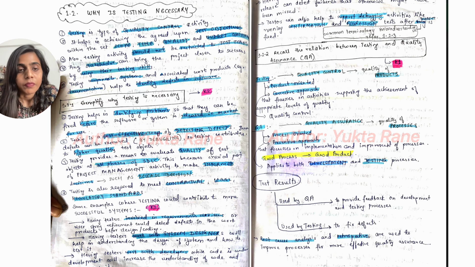and we should identify defects as early as possible. We just now saw why testing was necessary, so these points are elaborated versions of it. Basically, you have to identify the problems. It's a cost-effective way. Why is testing a cost-effective way?